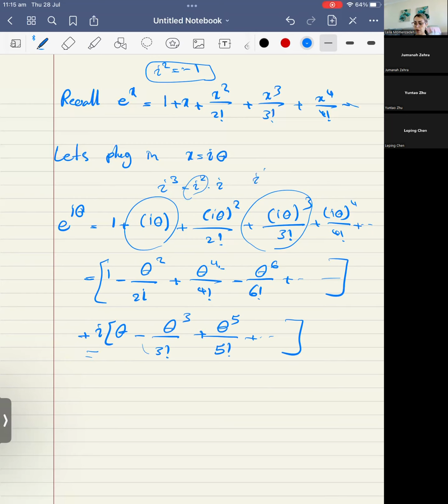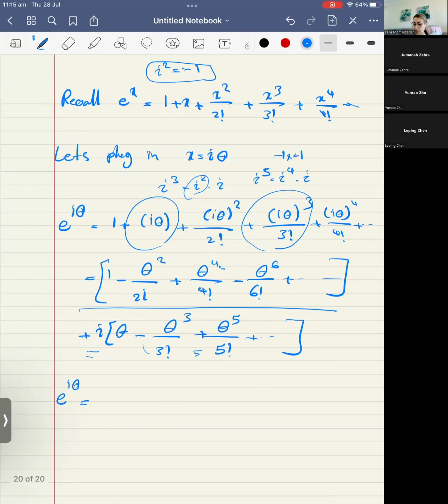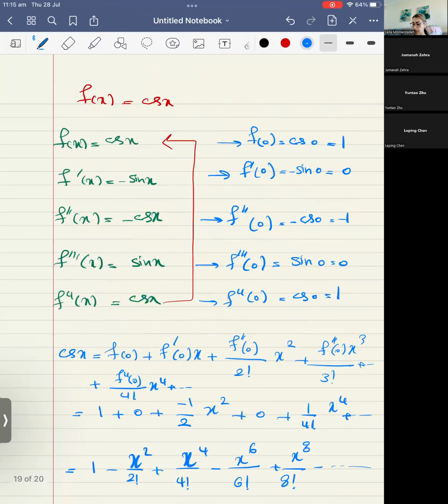Or I can write i5 as i4 times i, and i4 is, let me write for you here, minus times minus is plus, and the i is outside the bracket. It means I can write e to the i theta as equal to, we can see here this one, 1 minus theta squared over 2 factorial is completely similar like this.